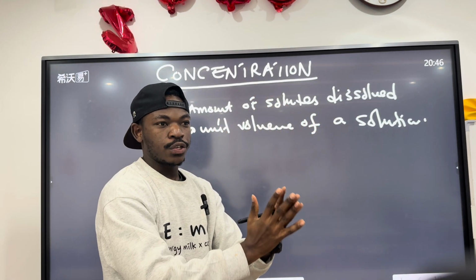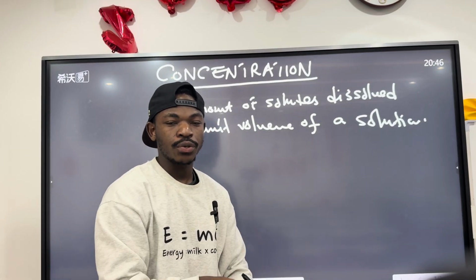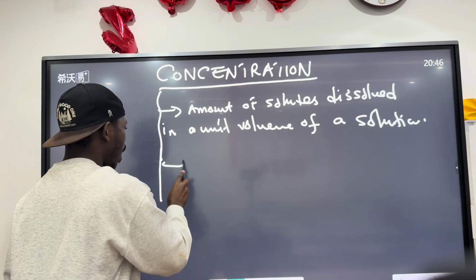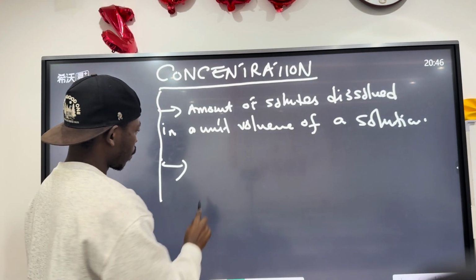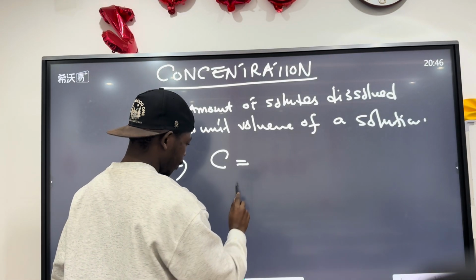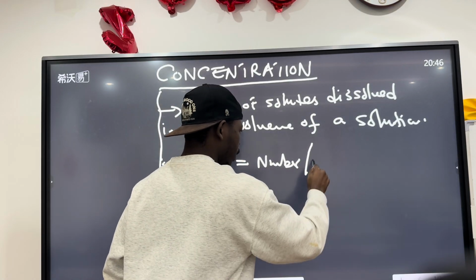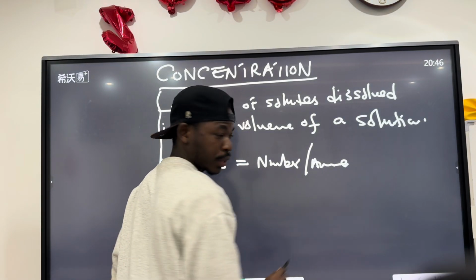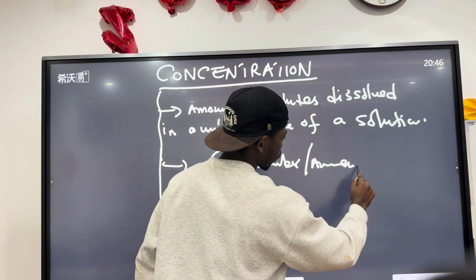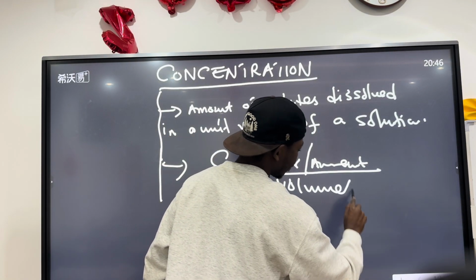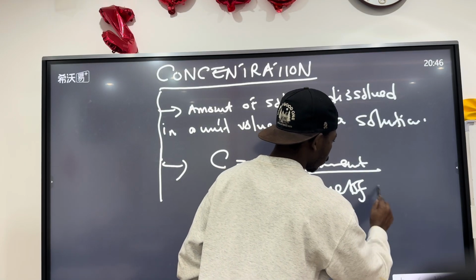The number of solutes dissolved in a unit volume of a solution is what you call concentration. Meaning, I can measure concentration. So concentration is just the amount of solutes divided by the volume they've dissolved in. Volume of solution.